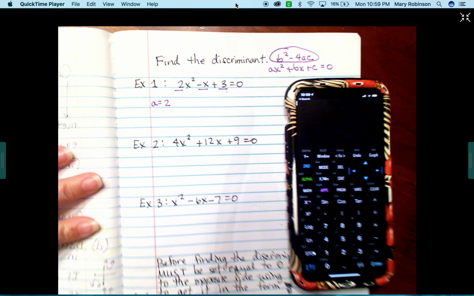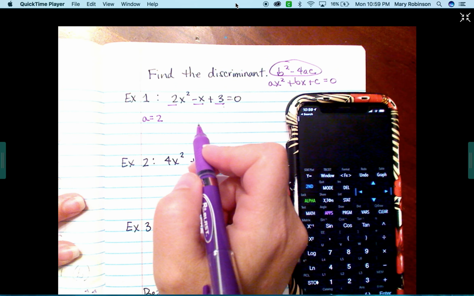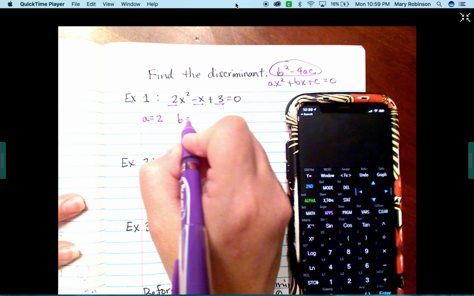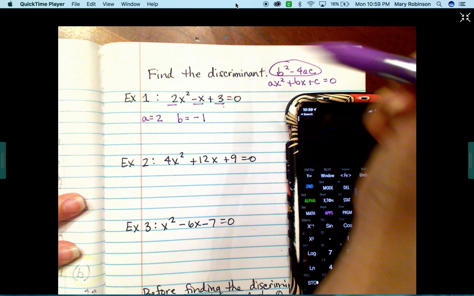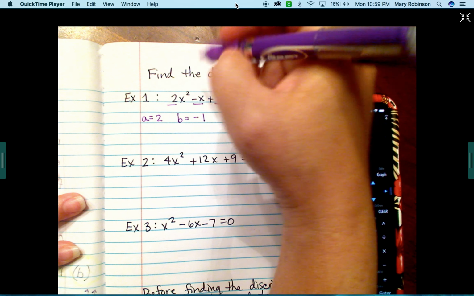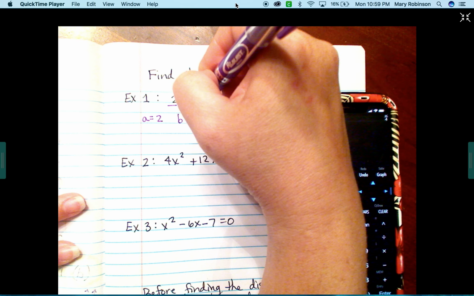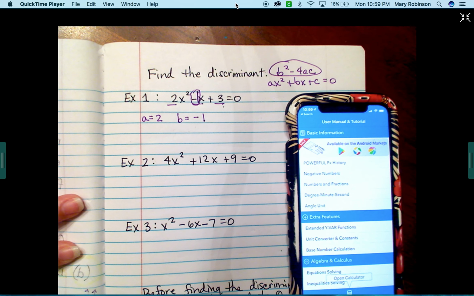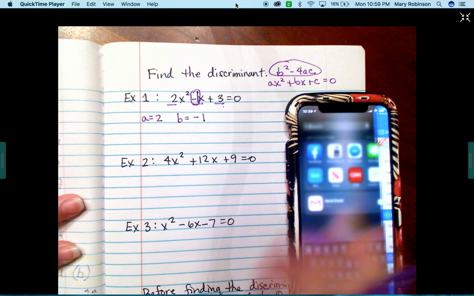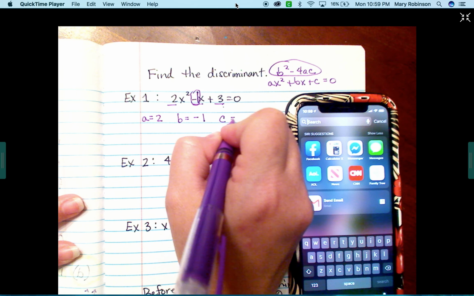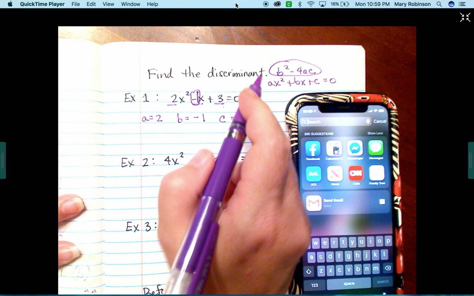I'm sorry, that was really bright, hard to see. Here, your b value is -1. Understand that if you do not see a number in front of x, there is an understood 1, and that the sign belongs to that number.